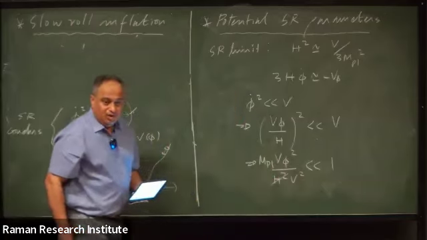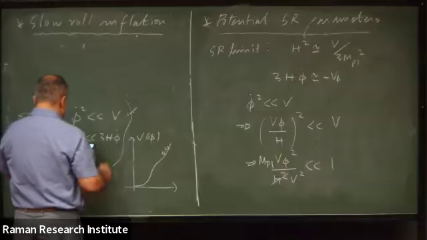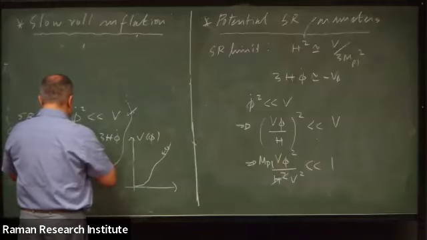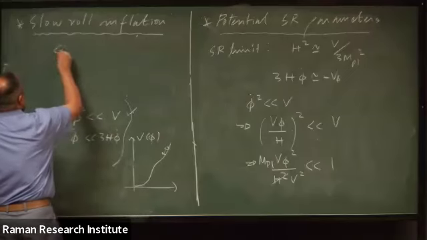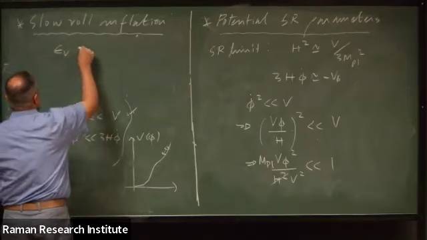So conventionally, this allows me to construct what is known as the first slow roll parameter, epsilon V. It is defined as follows.